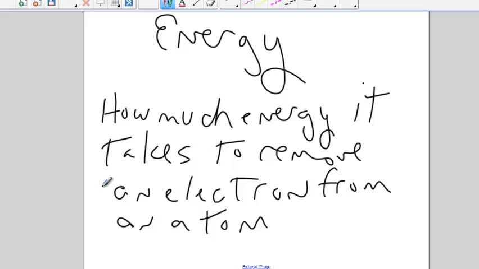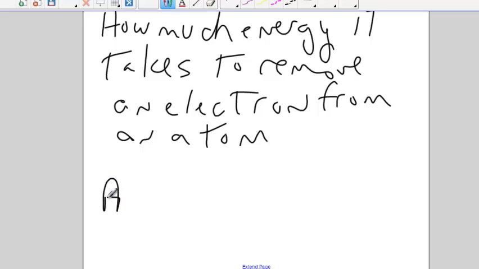So specifically, if we're talking about removing the first electron from a neutral atom, that would be called first ionization energy. We have an atom, and then we have a +1 ion and the electron. We removed an electron from a neutral atom and made a +1 ion. That's first ionization energy.